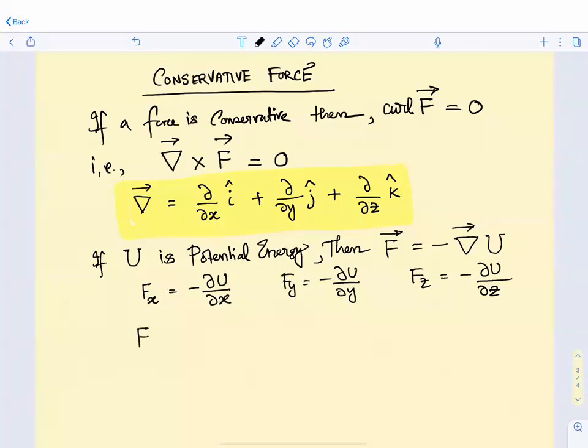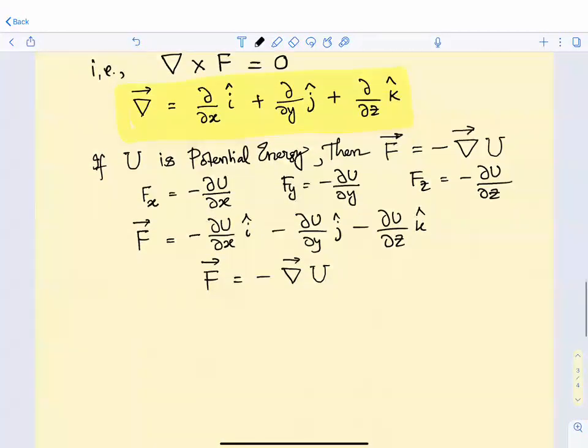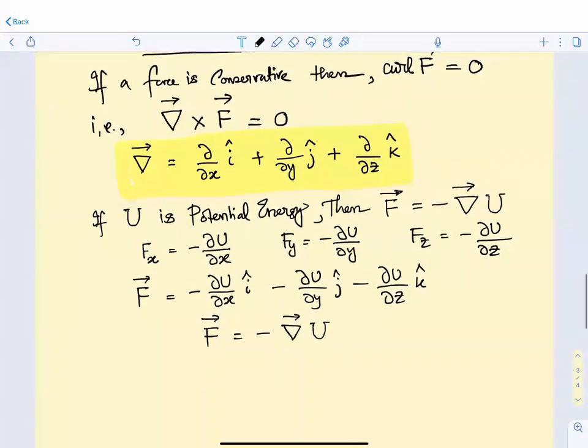And we know very well that if we express this force like this, minus del U/del x i cap, minus del U/del y j cap, minus del U/del z k cap, we write it in short form with this del operator. So that is minus del U. F equals minus del U.